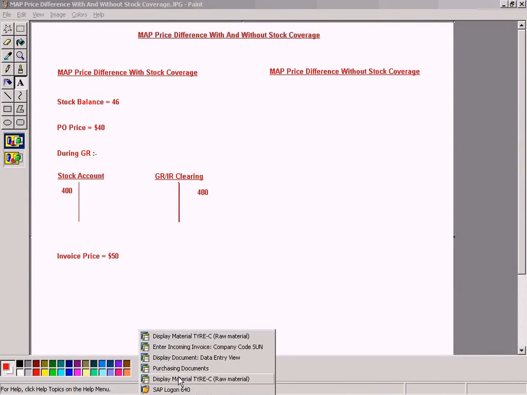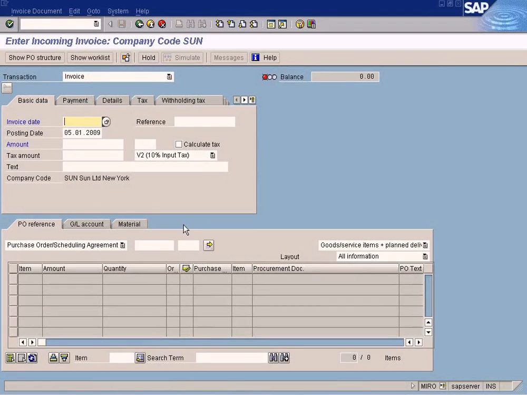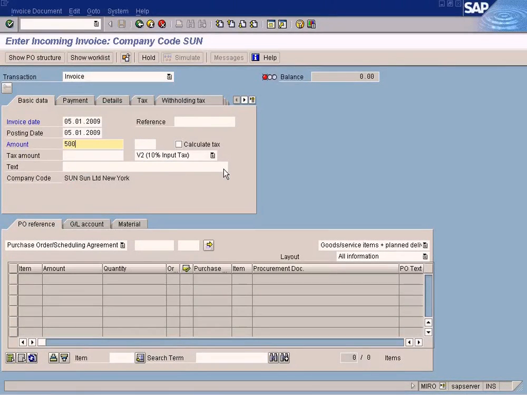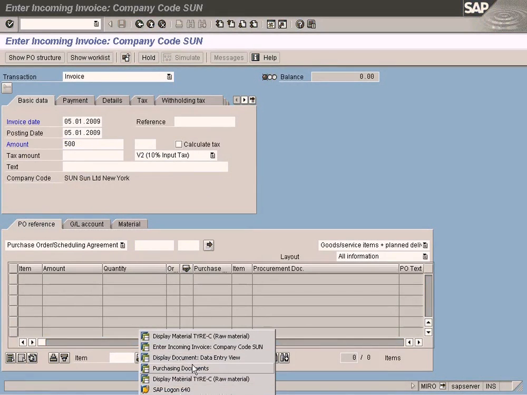So now let us post an invoice. The amount will be 500 because the invoice price is $50.